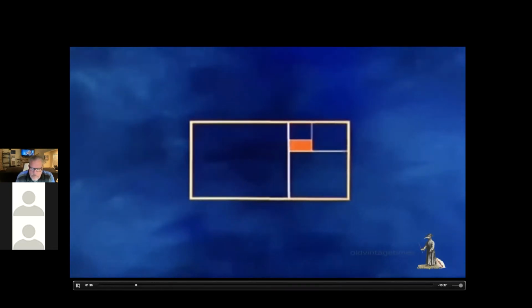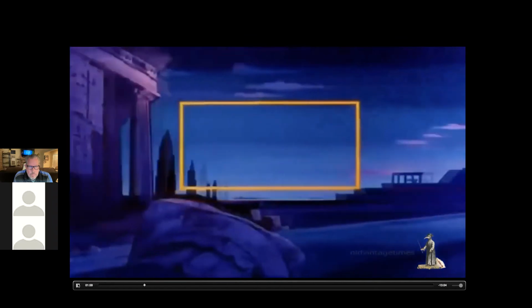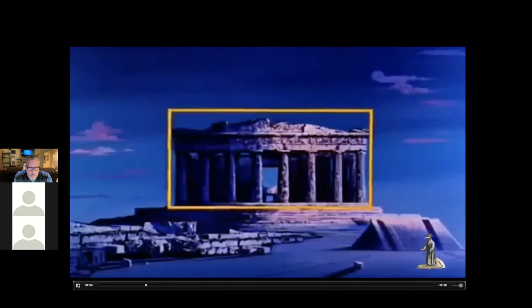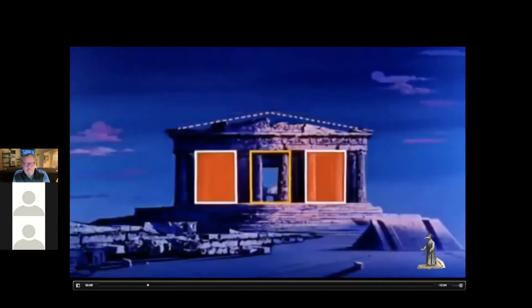Rectangles have exactly the same proportions. This figure also contains a magic spiral that repeats the proportions of the golden section into infinity. To the Greeks, the golden rectangle represented a mathematical law of beauty. We find it in their classical architecture. The Parthenon, perhaps one of the most famous of early Greek buildings, contains many golden rectangles.